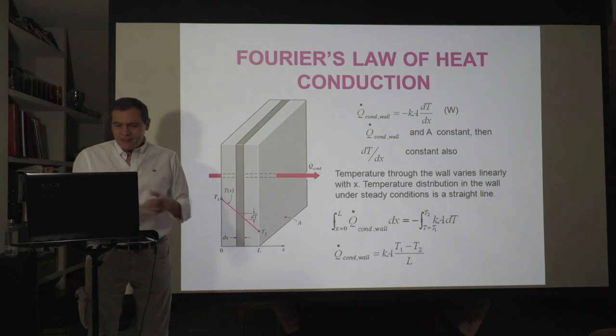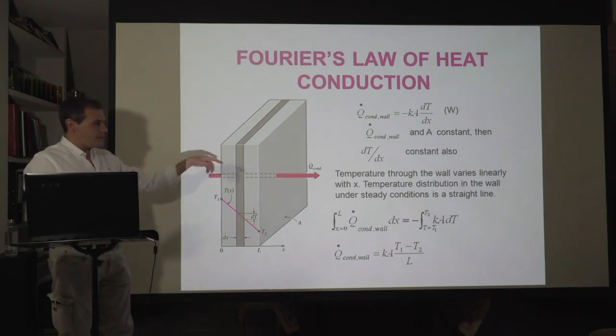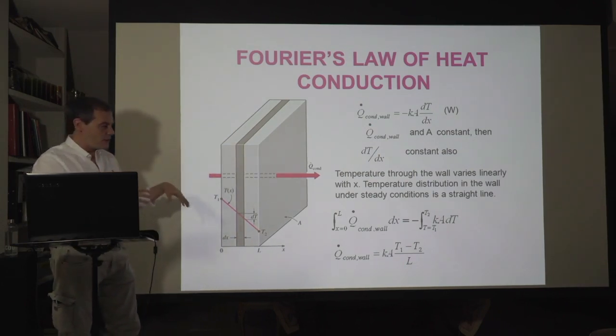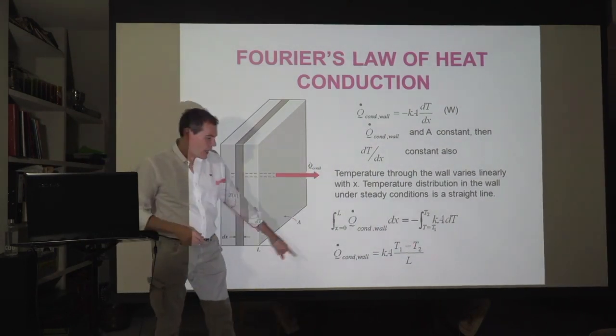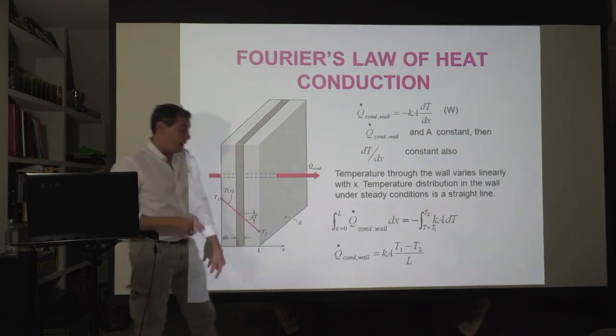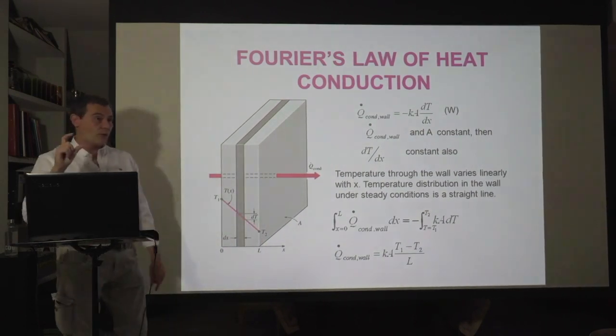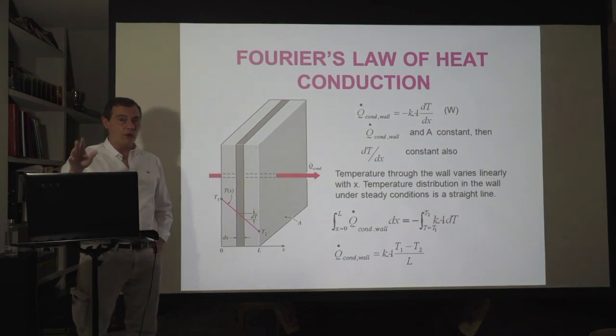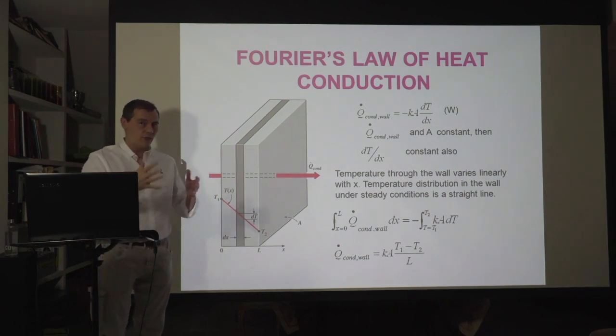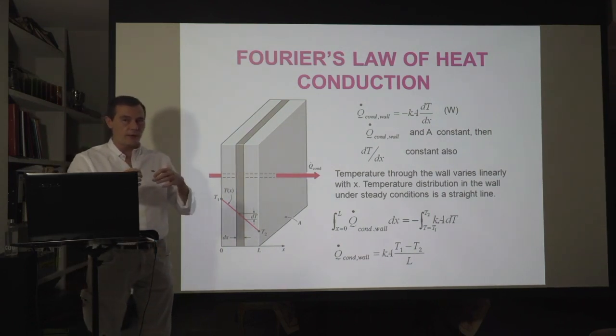Okay, so what does it mean? At the end, after developing this differential equation, we have to remember this equation here. So we have the heat flow. We are talking about conduction, because we are studying the building envelope. Then we will have to study convection and radiation because they will affect the indoor temperature of our building.